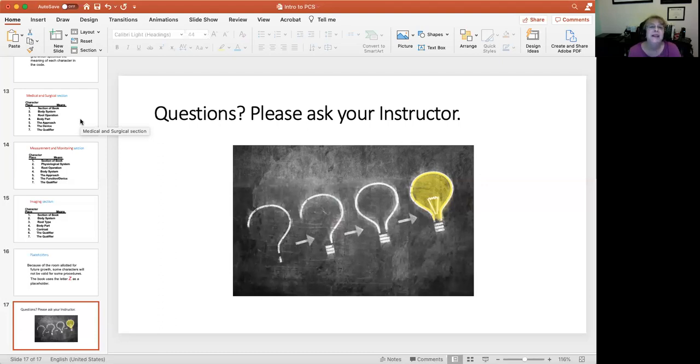All right. And please just remember, work smarter, not harder. What does that mean? Working smarter is using your medical dictionary. Working smarter is really getting to know your PCS book and all the information that it has, because it will tell you what to do. You don't have to remember.